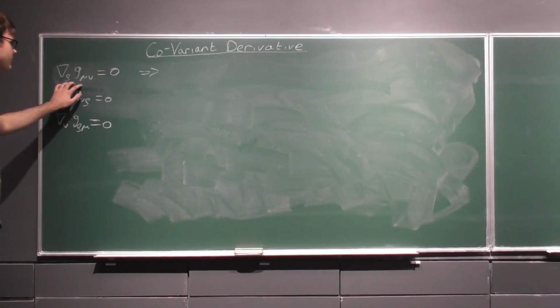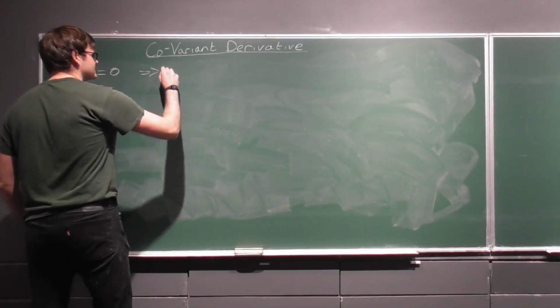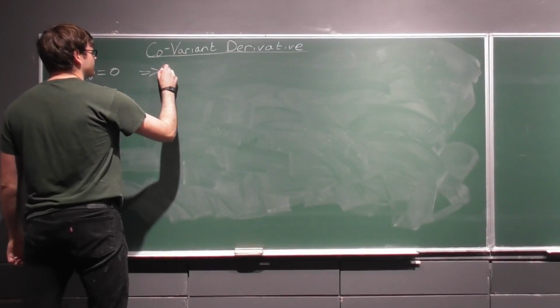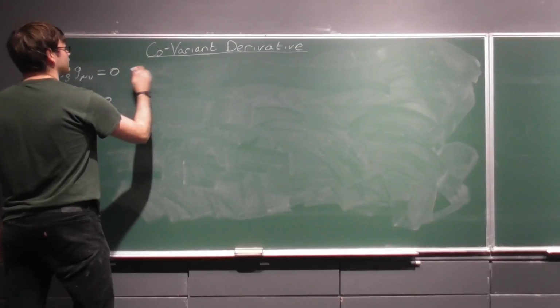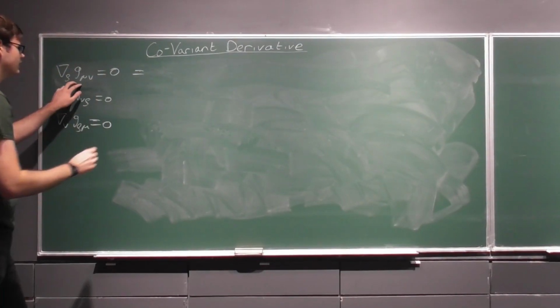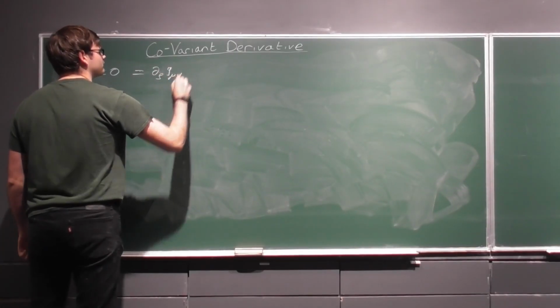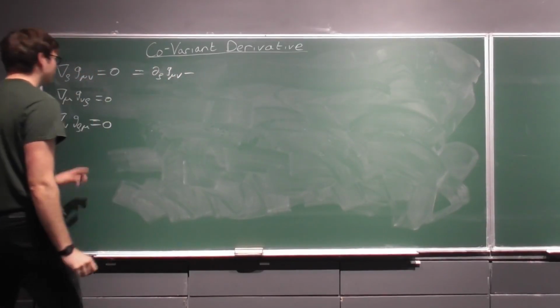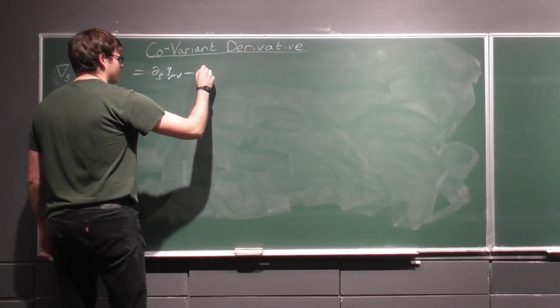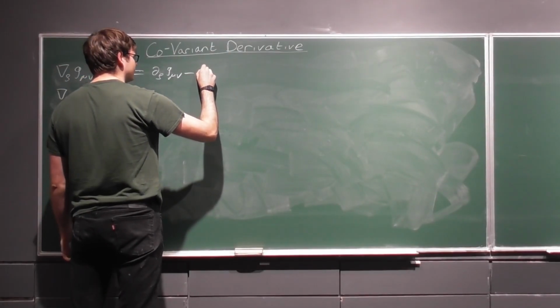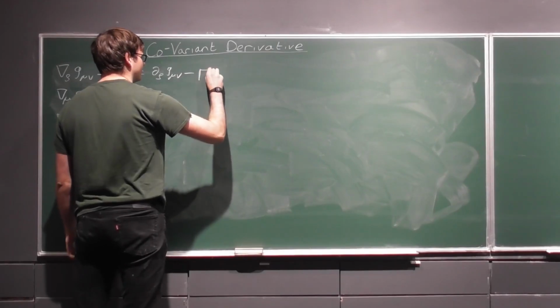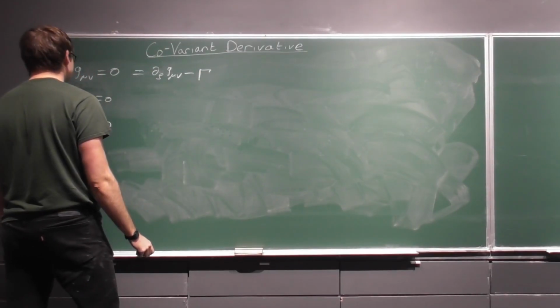Remember, there are two lower indices. So this is going to be equal to, first of all, the partial derivative of the thing itself. Because there are lower indices, we're going to get minus the Christoffel symbols first. The top index is the one that's summed over.